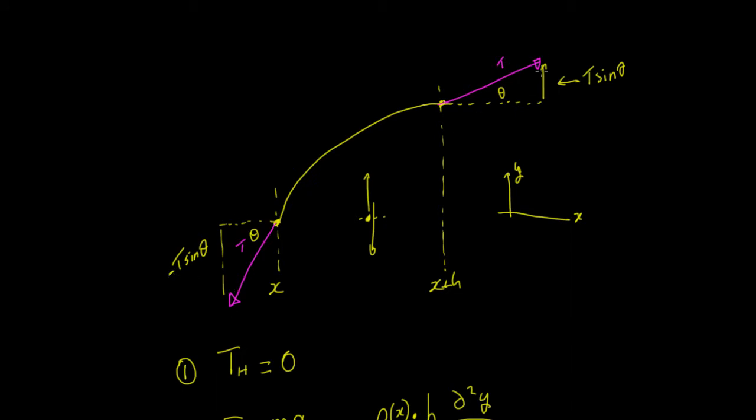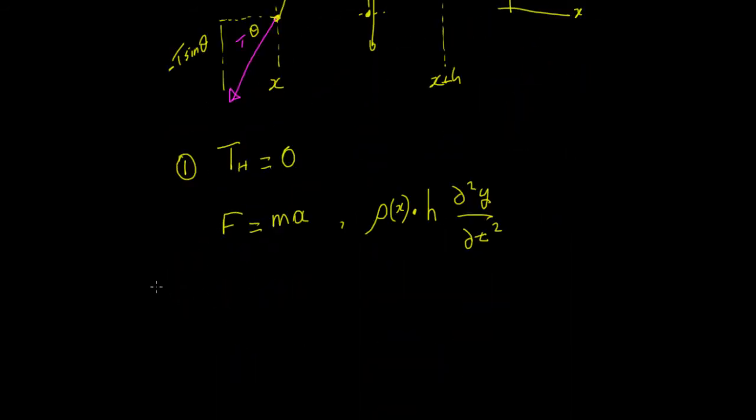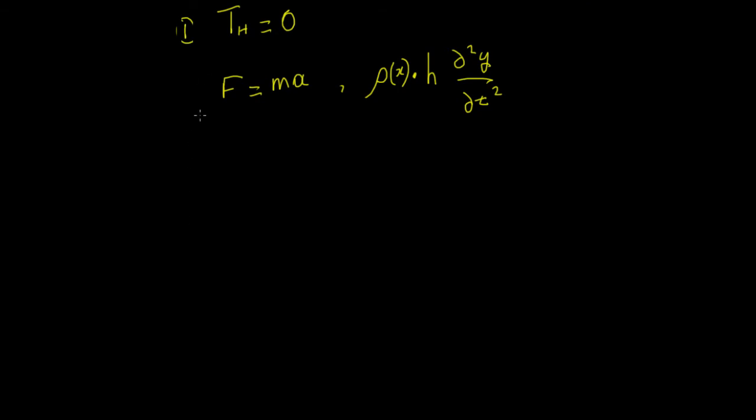So that's a positive direction and that's going to be in the minus direction. So what we could do is we'll write that out. We're going to add these two vertical force tensions.